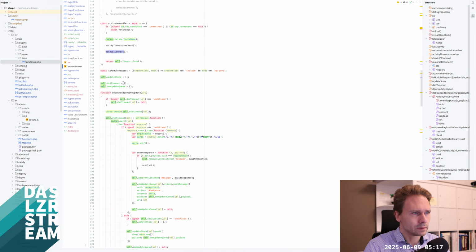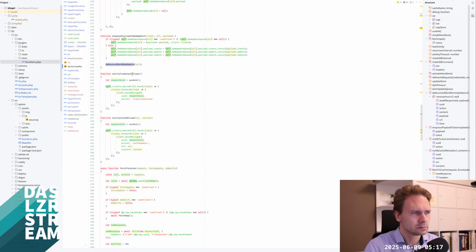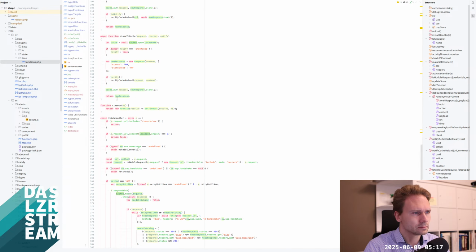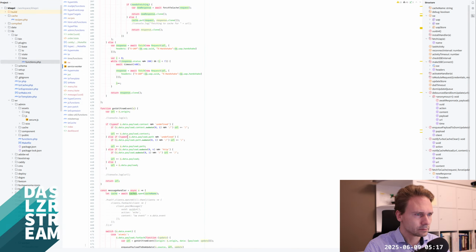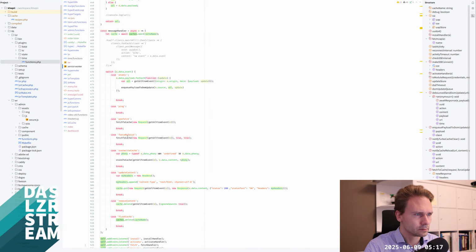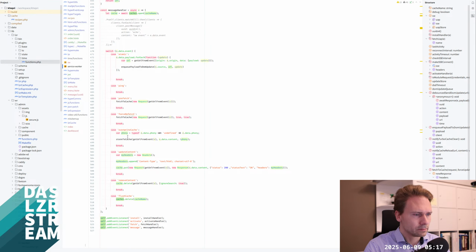So that's something we still have to figure out. The debounce and update batching. Ugh. I feel like this will be part of the 20% left that takes 80% of the time after you think you got 80% done. Message handler.